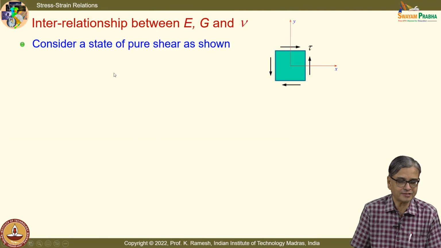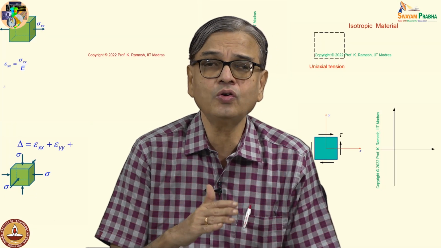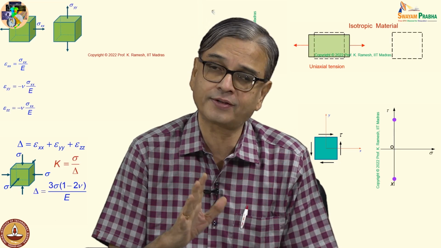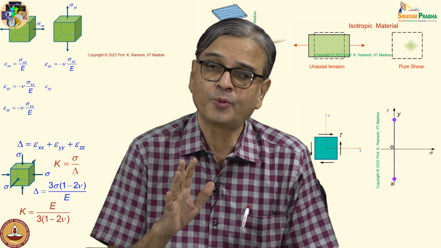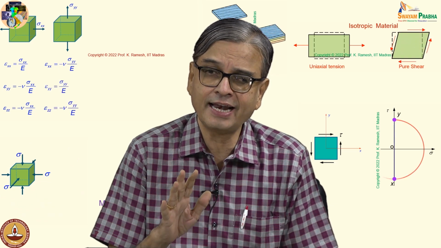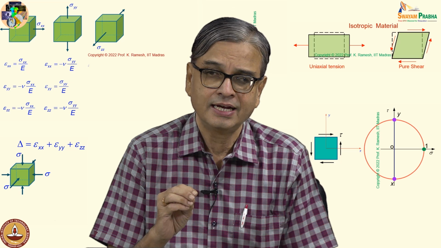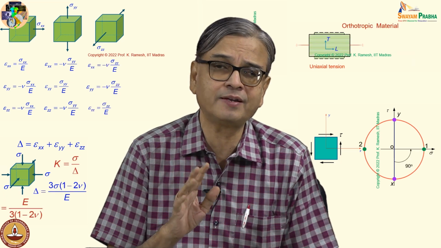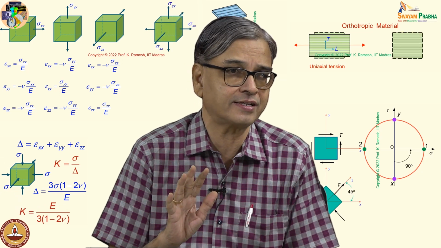Now we take up a simple situation where I take a pure shear state. See, this is also an application of the concepts that you have learned so far. So please draw the Mohr circle and label the points. Another very important aspect: most of our discussion will be confined to isotropic materials.